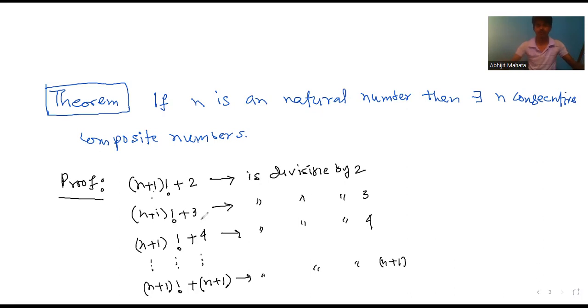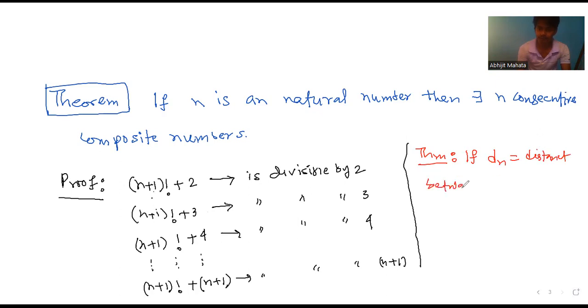So this is the theorem, and you can think about the claim. I am writing it here as a theorem: if d_n equals the distance between two consecutive primes, then the limit as n goes to infinity of d_n equals infinity.